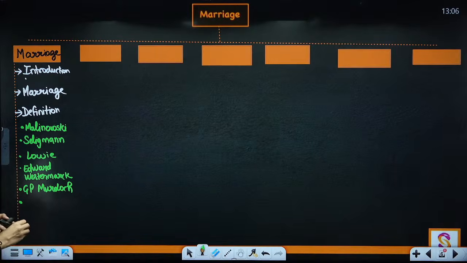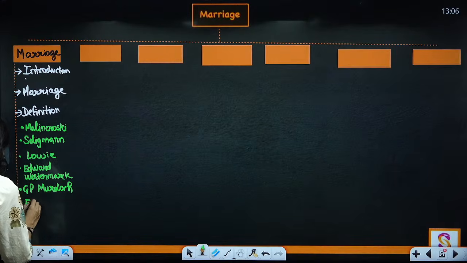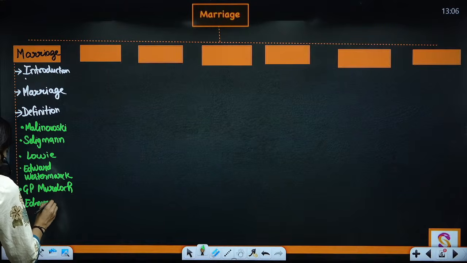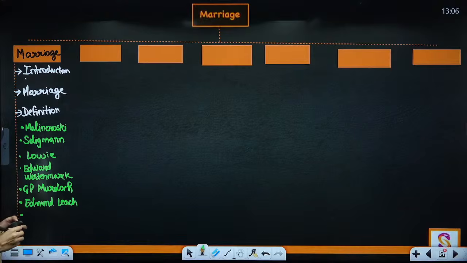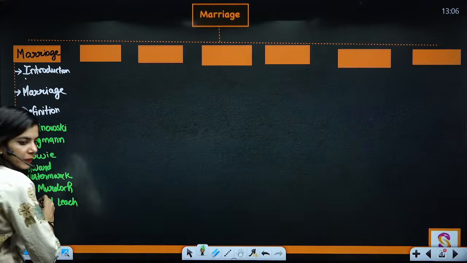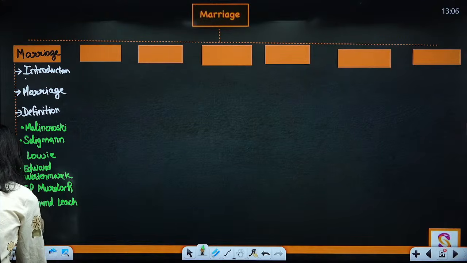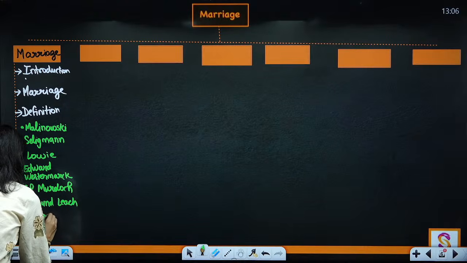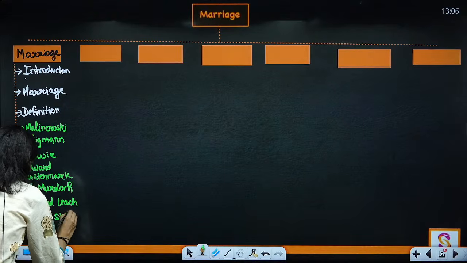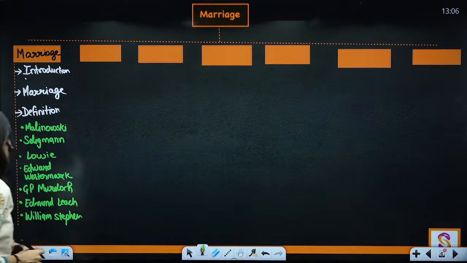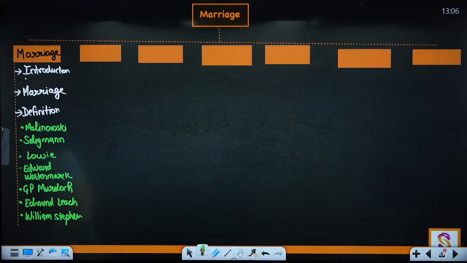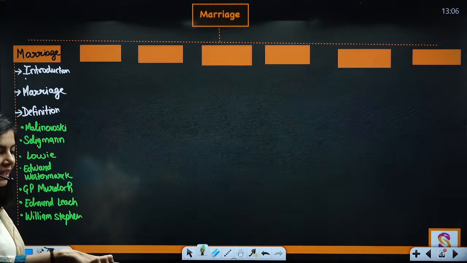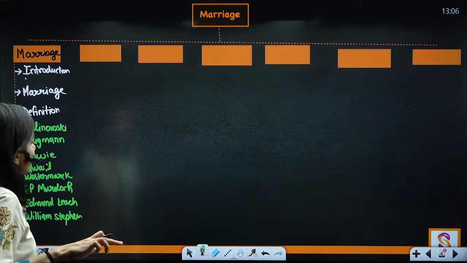Next one is Edmund Leach. Next one is William Stephens. Okay, these are the names. These are basically the anthropologist names that I need to remember and mention. Fine. So this is what relates to the part marriage.